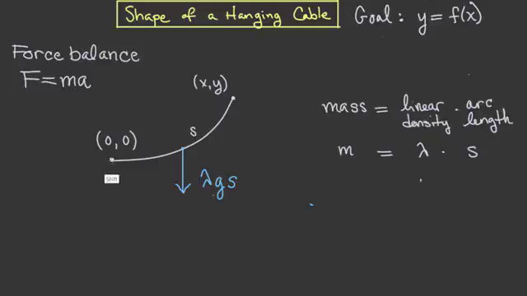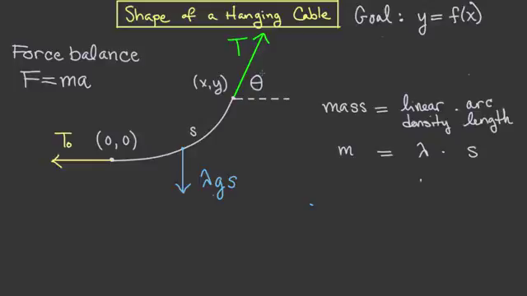So there's a tension force in the horizontal direction at the point 0, 0, which has magnitude T sub 0, and a tension force at the point x, y, tangent to the curve at this point, with magnitude T. To describe the direction of this tension force, T, I'm going to introduce a new variable, theta. Theta is the angle between the horizontal and the tangent to this curve at the point x, y. That is, theta depends on this position x, y along the curve.